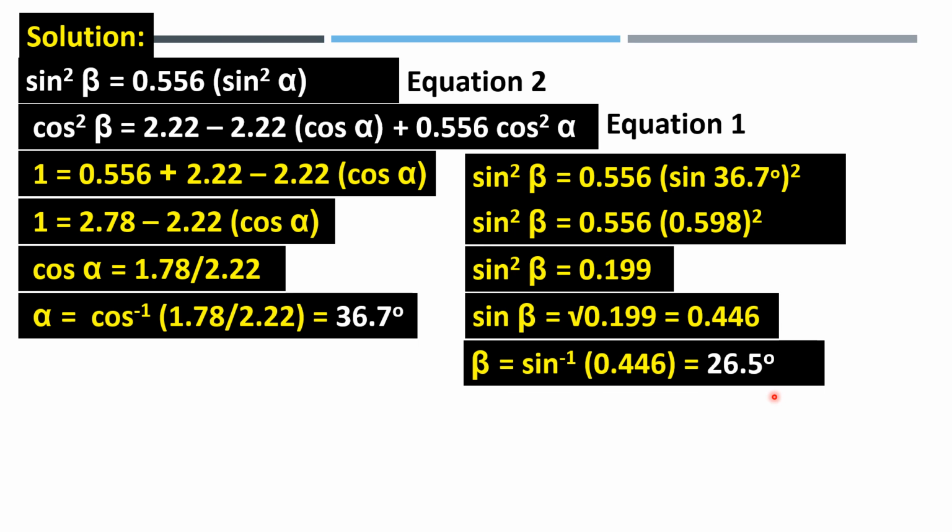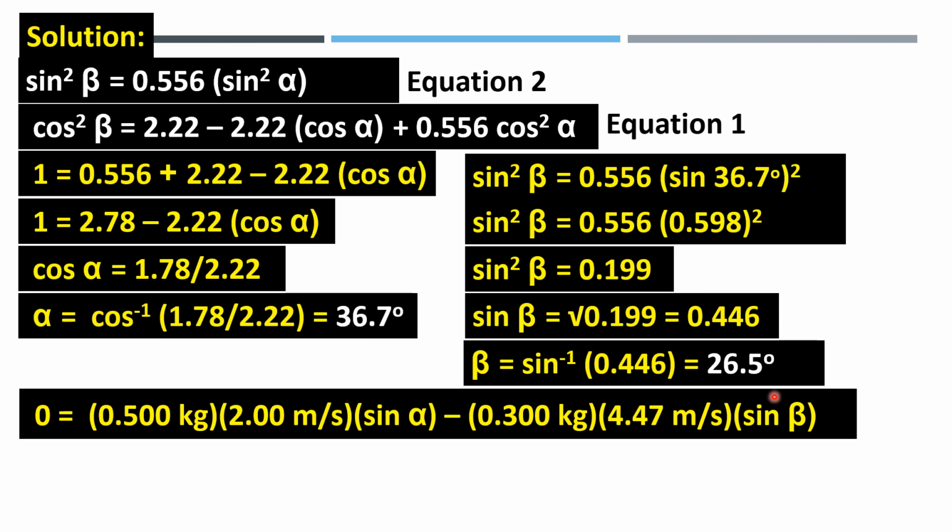Now that we know the two angles, we also got the value of the final velocity of the lighter or the smaller particle. So by plugging in those data into the equation for conservation of momentum, this is what we will get.